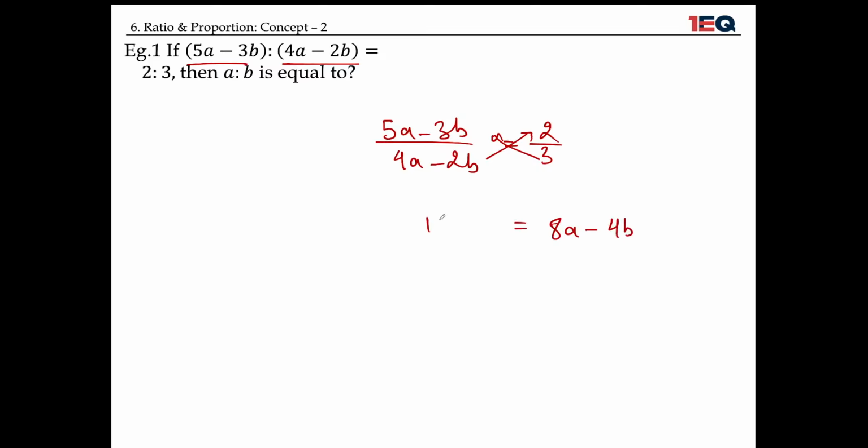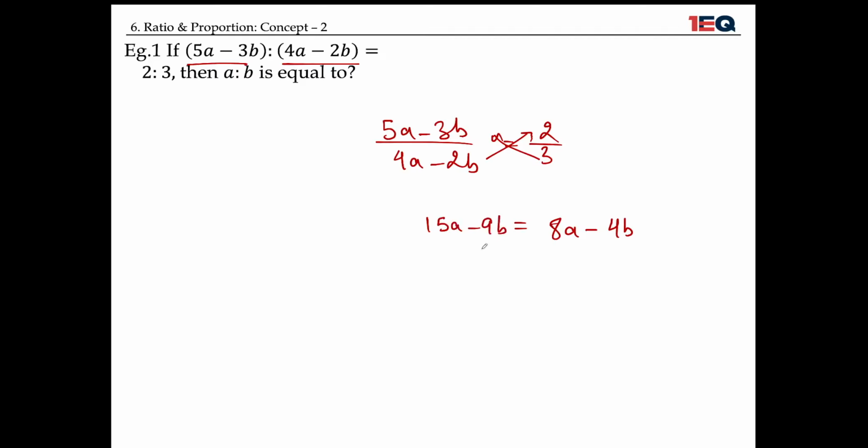Moving ahead with the question, 5a minus 3b whole upon 4a minus 2b is equal to 2 by 3. So doing the cross multiplication, 2 4s are 8a minus 4b is equal to 3 5s are 15a minus 9b.